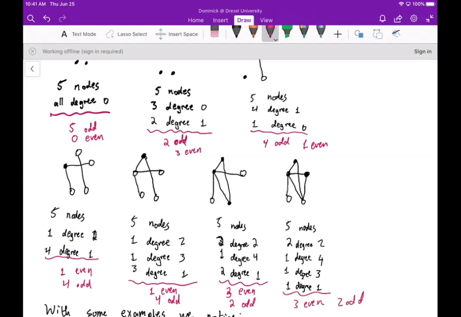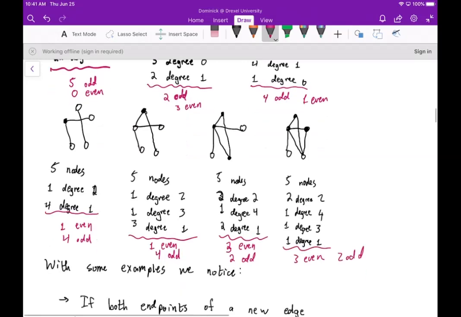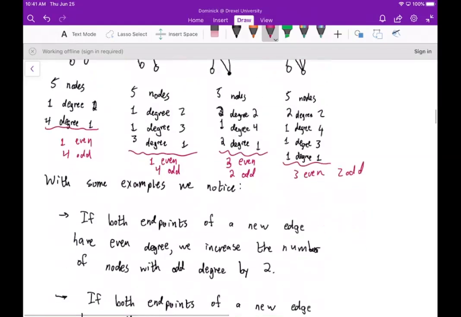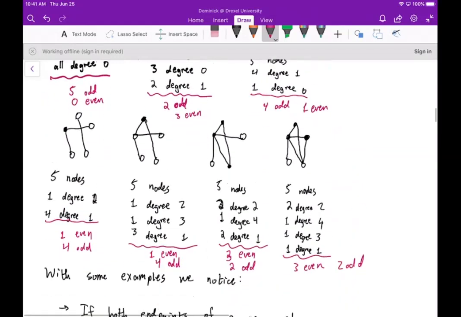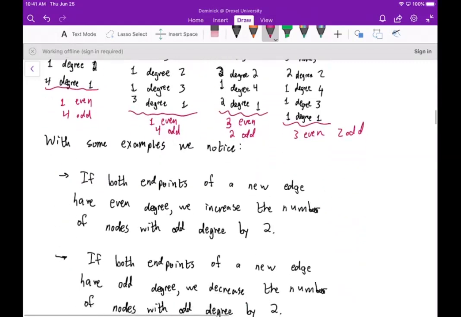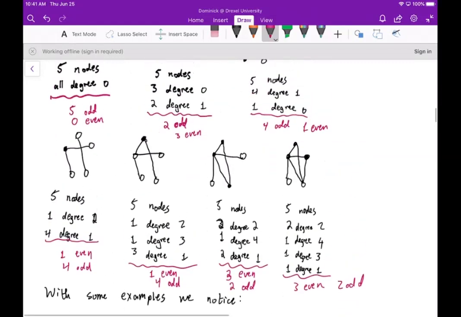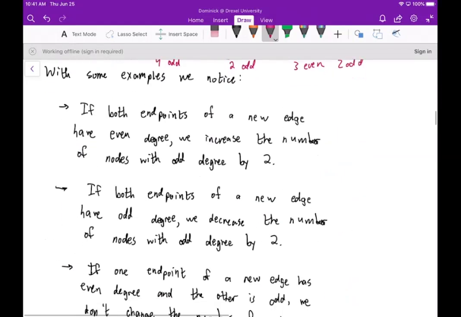So it looks like for the examples that we did, this theorem is going to hold true, right? But of course, we want to prove this for any graph. So now with these ones that we've drawn out, we might notice that if both endpoints of a new edge have even degree, then you're increasing the number of nodes with odd degree by 2, right? So for example, if you have two nodes that have even degree, and we add a new edge in here, then these two evens became two odds, right?